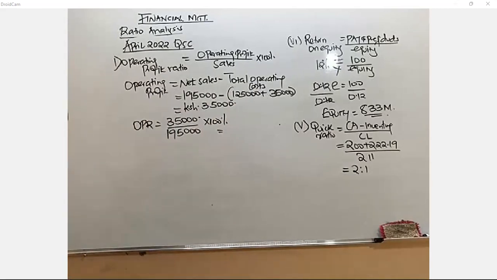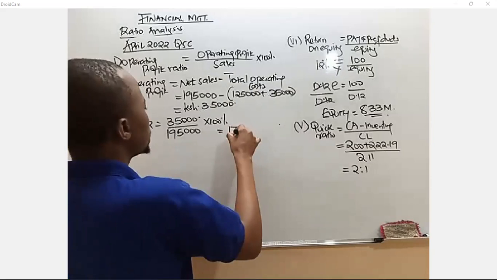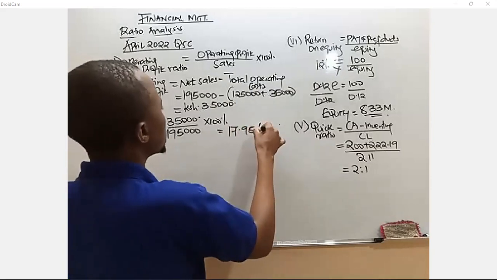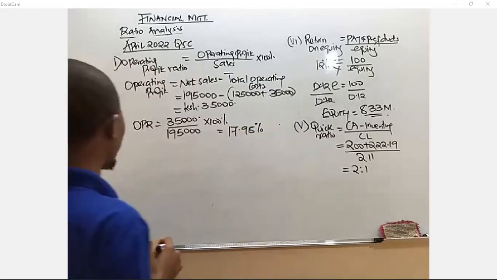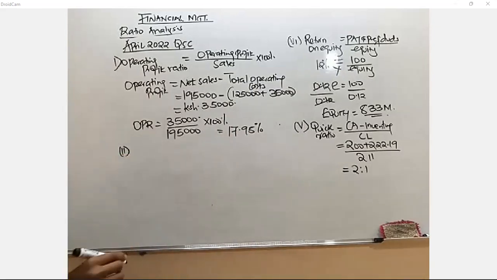That 5,000 divided by 105 times 100, I should be getting 17.95%. 17.95%.